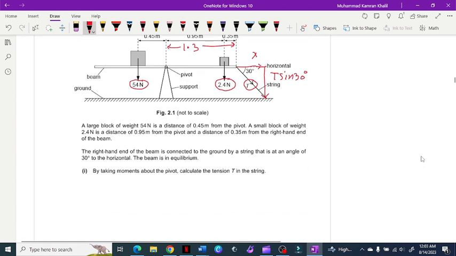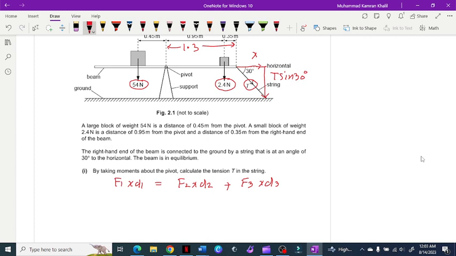Now we will make the equation. We will write down the formula: F1 into d1 is equal to F2 into d2 plus F3 into d3.